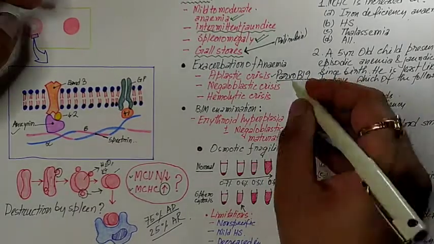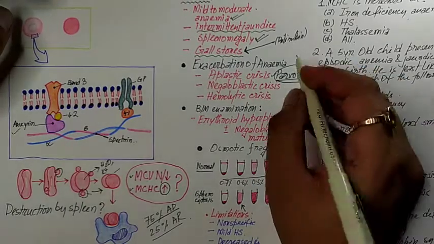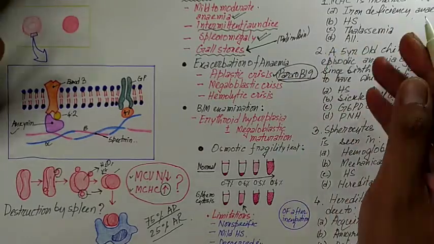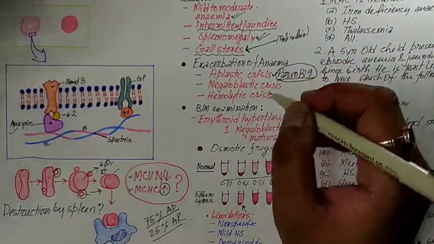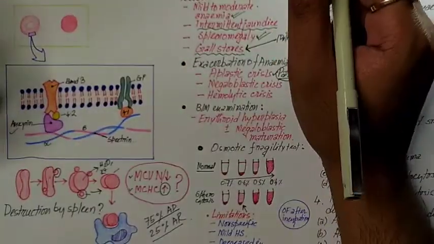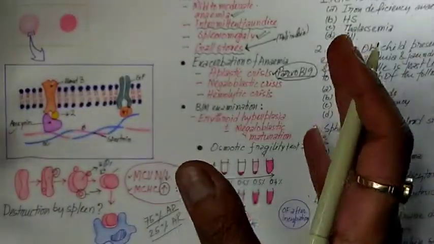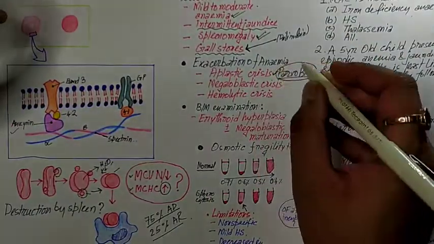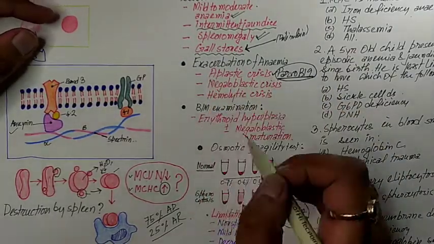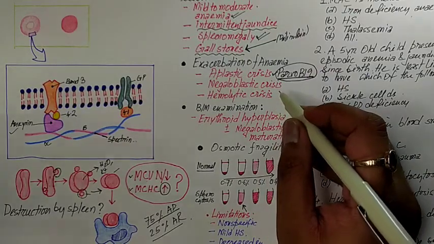As we know, parvovirus B19 is one type of virus that commonly involves the erythroblasts, and it suppresses the process of erythropoiesis. So there is ongoing destruction of the RBCs, and the process of erythropoiesis is also suppressed by this virus. So there is aplastic crisis, that means the anemia is suddenly aggravated.